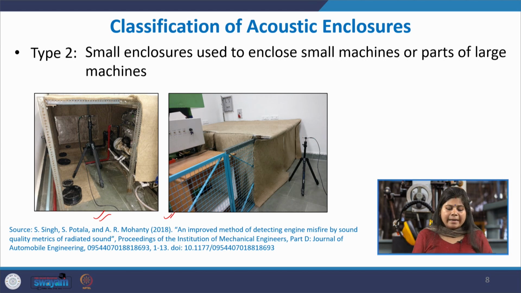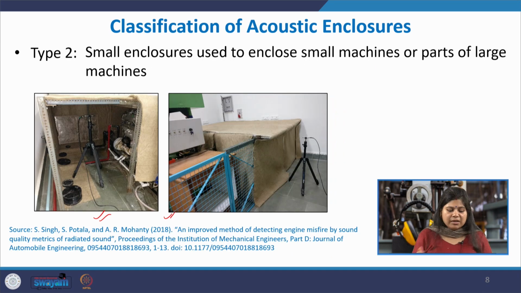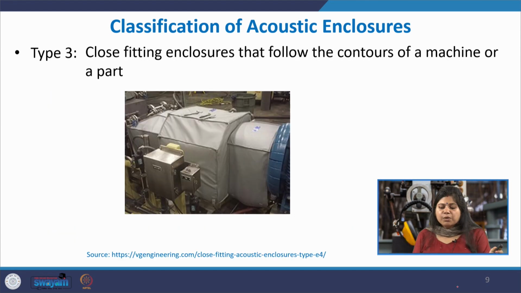So here too, because this could be more costly, you can just enclose a small part of the machinery that is more noisy using some small enclosures. Then the other option: suppose you have some machinery and you want to save your material even further. You do not want to have large rooms built specially to enclose the machinery.